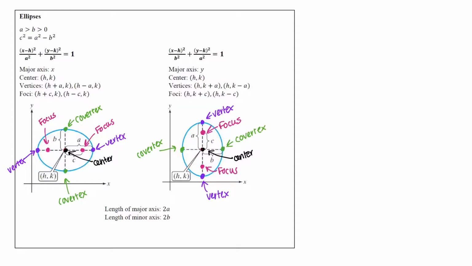Now let's look back at these formulas up here. You'll notice that we have a statement. The very first one is A is greater than B is greater than 0. So this is saying that A and B are positive, and also saying that A is always the bigger number.